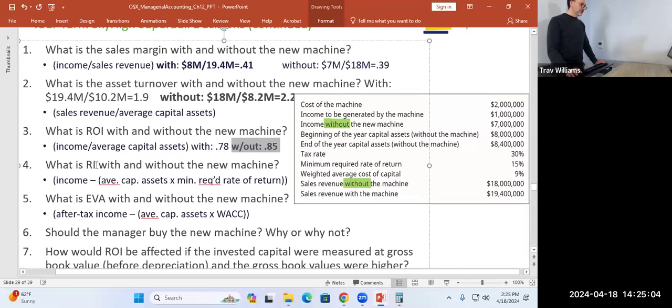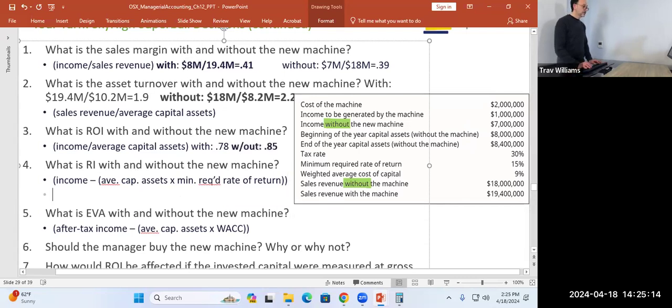Residual income with and without the new machine. So let's see, income with the machine, we said was 8 million. And then we need to subtract average capital assets times the minimum required rate of return.